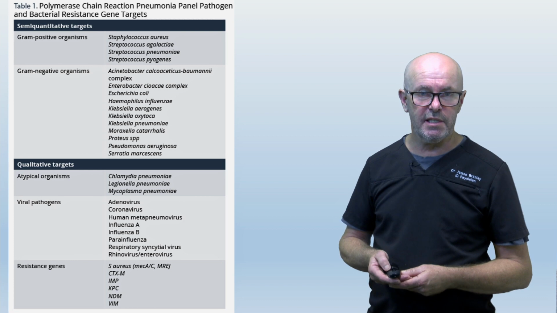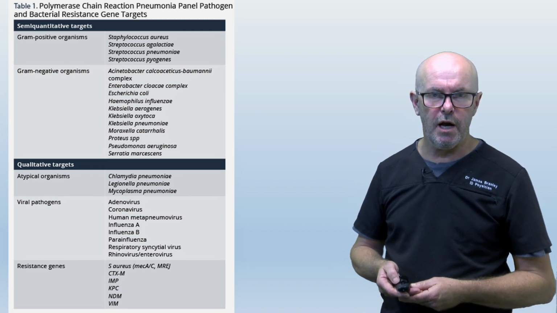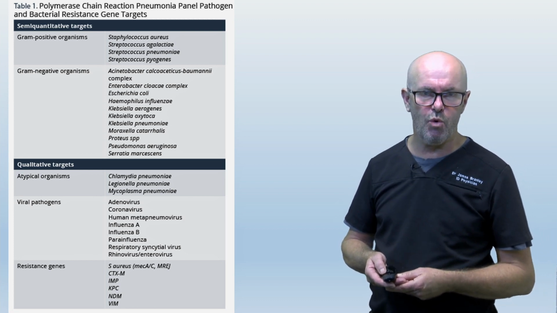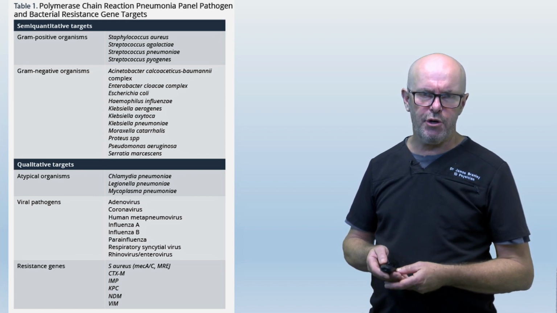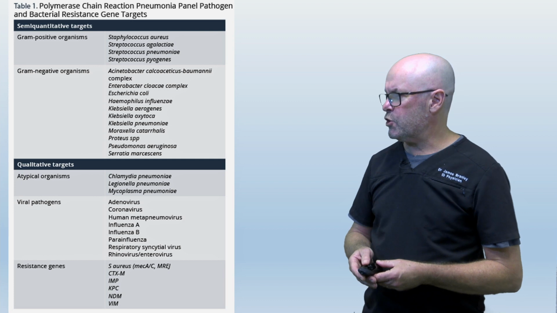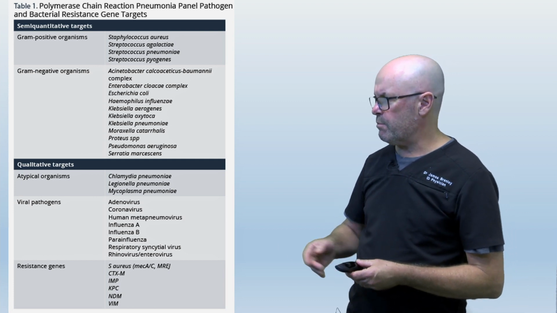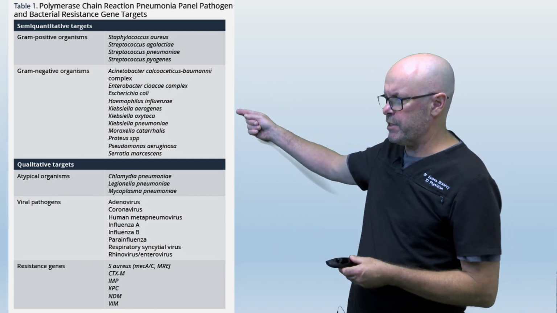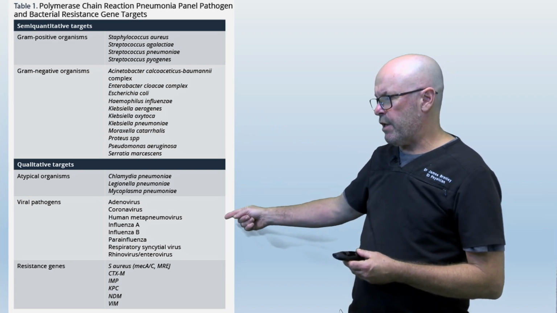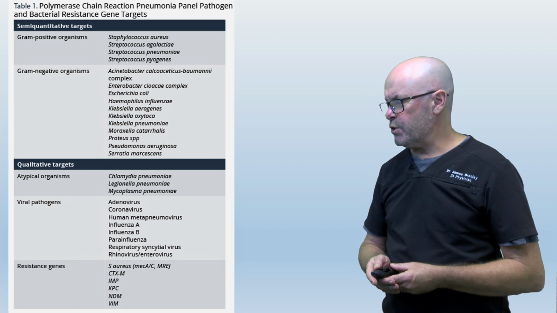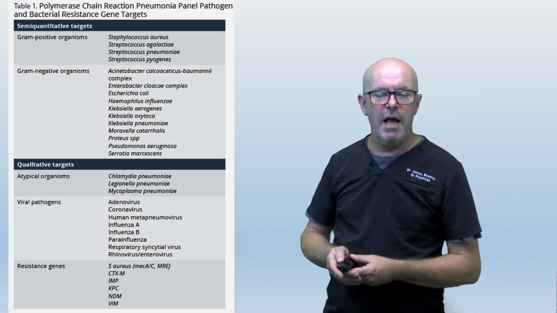So as well as CSF, there are similar panels for respiratory pathogens, and if we look at the pneumonia panel, there is a range of organisms that may be present in, say, a ventilator-associated pneumonia, but also other organisms that may cause community-acquired pneumonia.